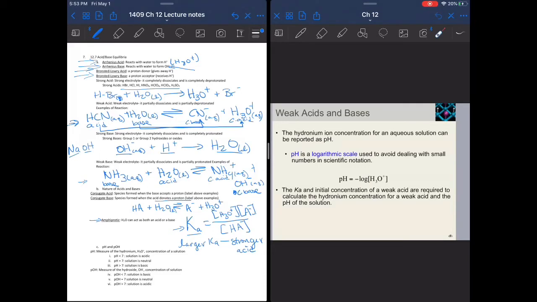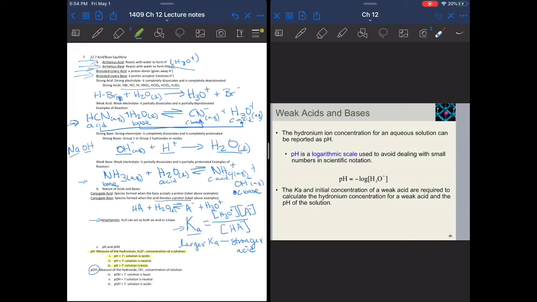pH is a way to measure the acidity or basicity of an aqueous solution. When we talk about pH, it is a measure of hydronium, H+ or H3O+. There's also something called pOH, where you measure the hydroxide concentration. What is more common to need to know is pH in its general scale.